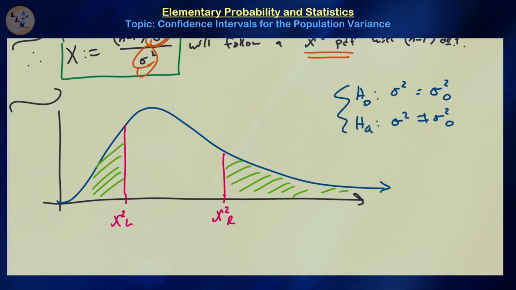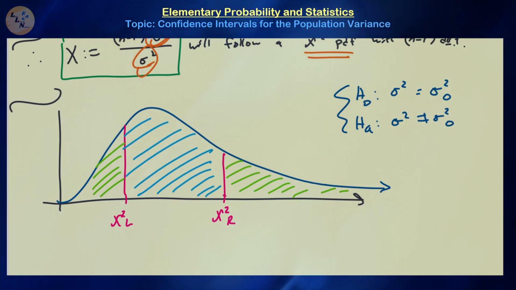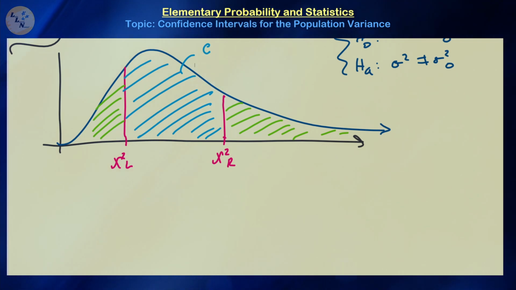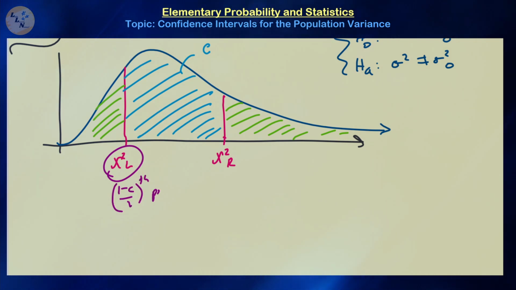This area shaded in green is going to be our alpha, and this area shaded in teal is going to be our region of confidence, C. So how are we going to find these two critical values? Keep in mind, we have some formulas for them. This is simply the (1 minus c) over 2 percentile of the chi-square distribution, and this is the (1 plus c) over 2 percentile.